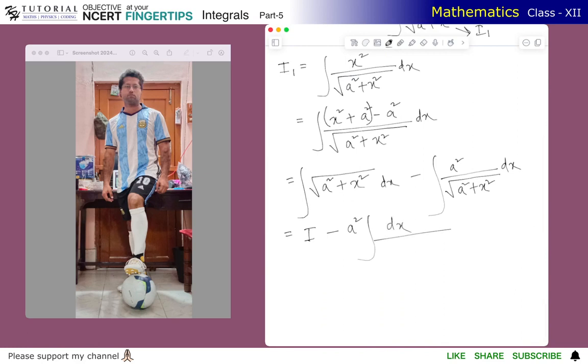We all know the standard result: the integral of 1 by root over a square plus x square is log of the modulus of x plus root over a square plus x square.